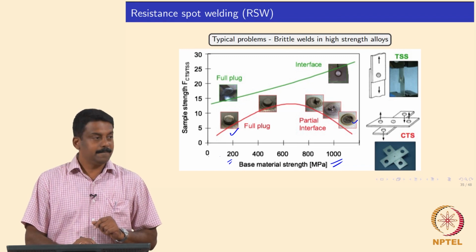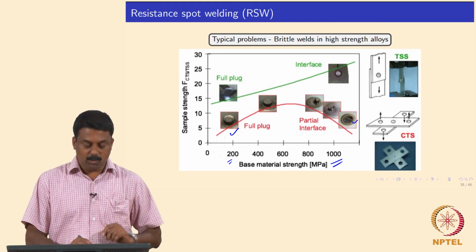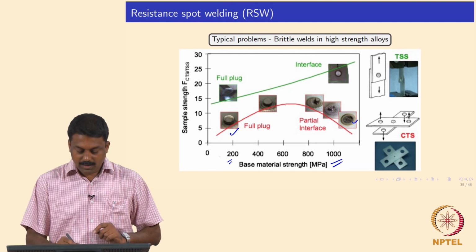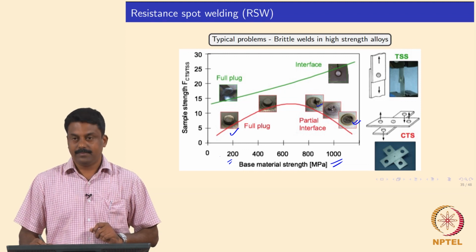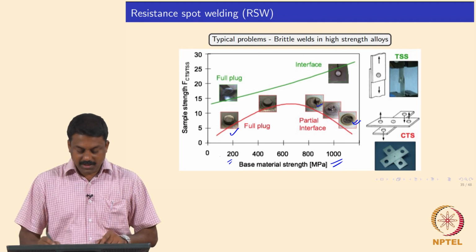So, this is a full plug failure where the plug ratio is 1, right, and if you increase the strength, obviously the plug ratio decreases, you see that it becomes a partial plug, and then you have a full interface failure, right. It is clear.